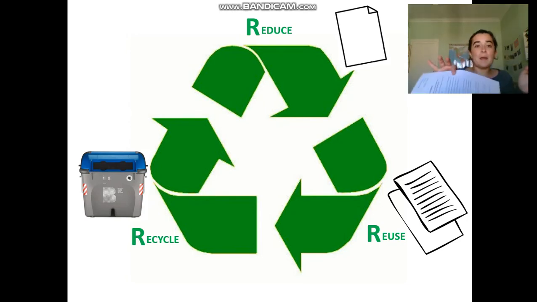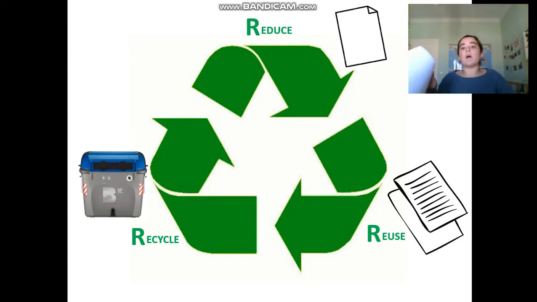So that paper is recycled in a factory with some special machines, and it's used to make a new paper. So instead of throwing it in the normal bin with any other things, I throw it in the paper bin if I don't want to keep it. Okay, so that's the meaning of all these three R's with the example of the paper.